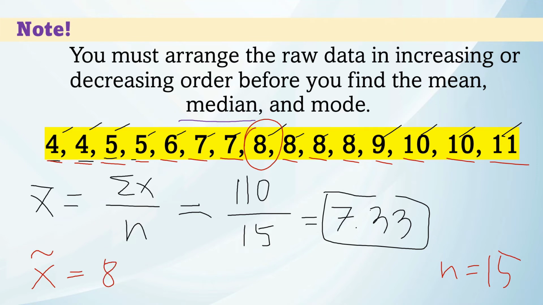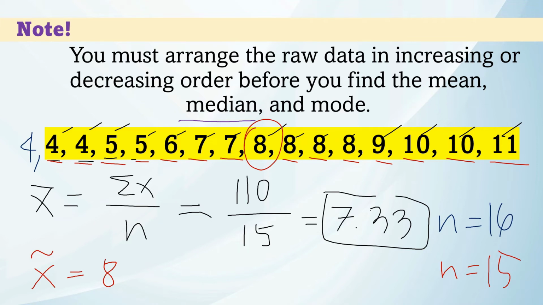However, what if your n is an even number? Let's say I will add here another 4 before the two 4s. So if your n is equal to 16, you have two numbers at the middle. Let's count.